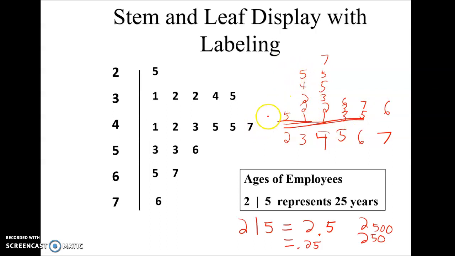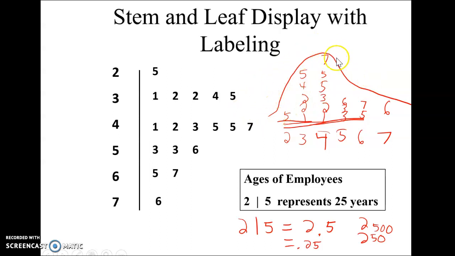So look at the shape of this graph. Is it symmetrical? Is it skewed left, skewed right? Is it bimodal? What is the shape of this graph? Well, it's not bimodal. We have one peak. It's definitely not skewed to the left.